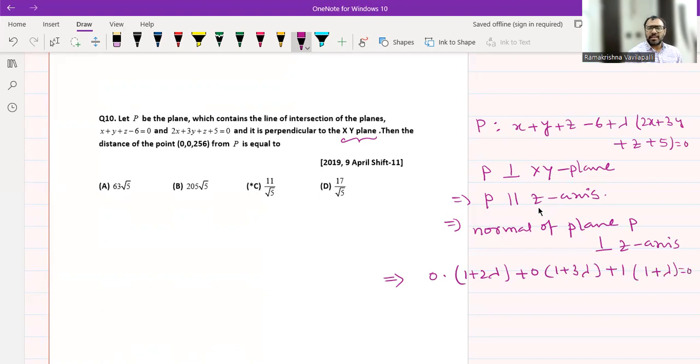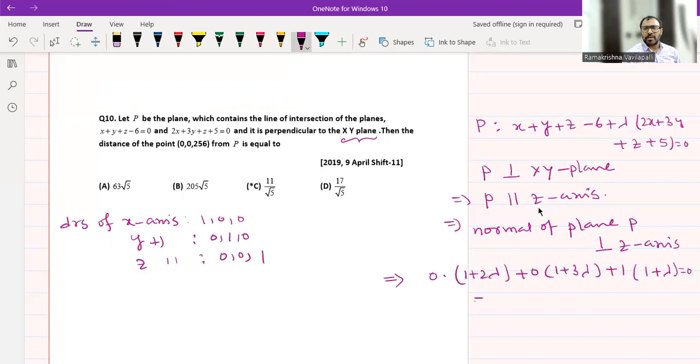Remember, DRs of x-axis: 1, 0, 0. DRs of y-axis: 0, 1, 0. DRs of z-axis: 0, 0, 1.